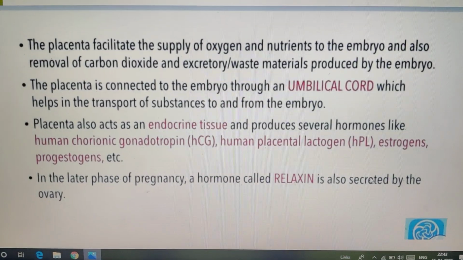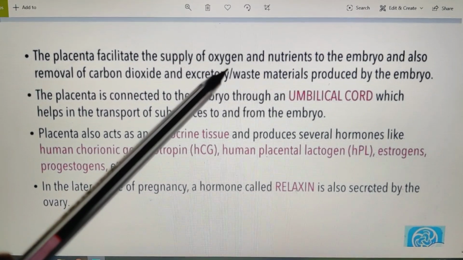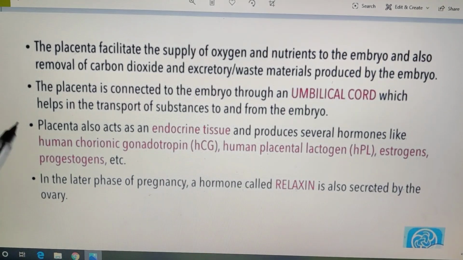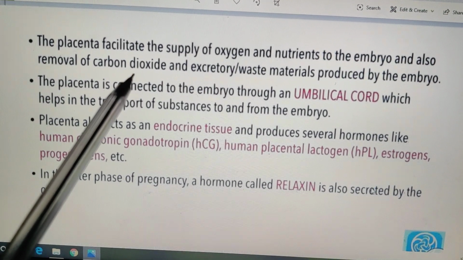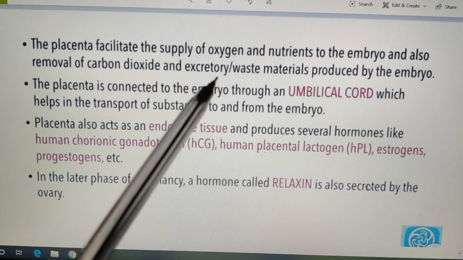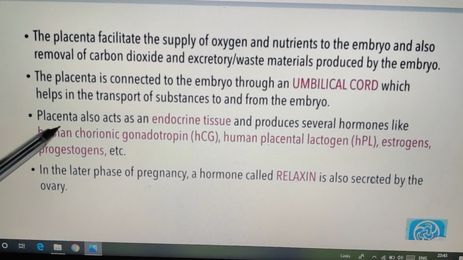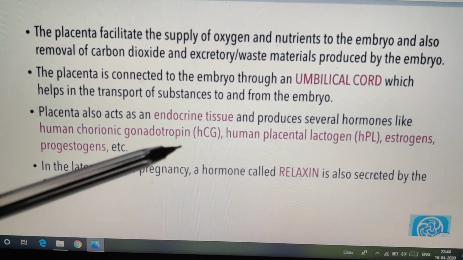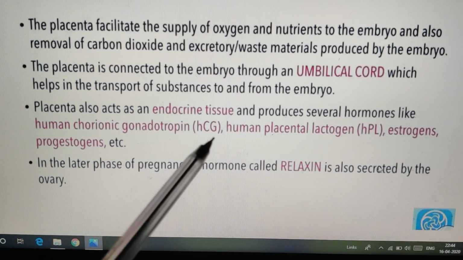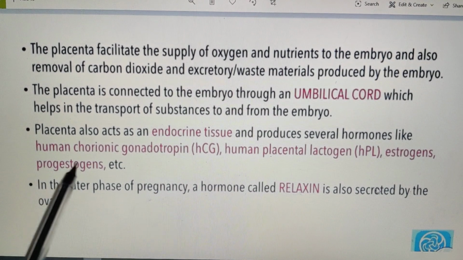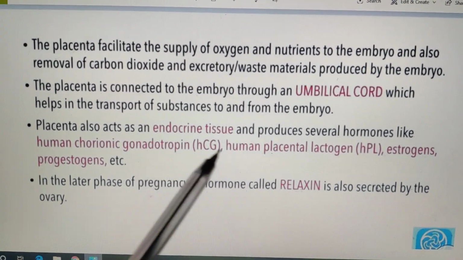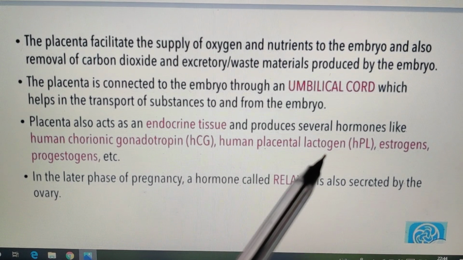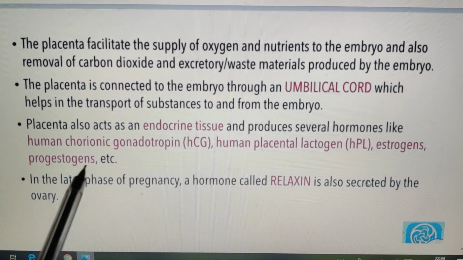What is the function of placenta? It provides oxygen and nutrients for the developing embryo, and also helps in the removal of carbon dioxide and other excretory waste material. Placenta also secretes some important hormones like HCG, human chorionic gonadotropin, HPL, human placental lactogen, estrogens, progesterones.